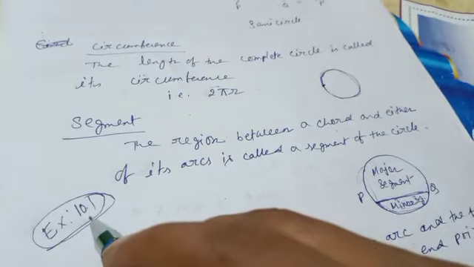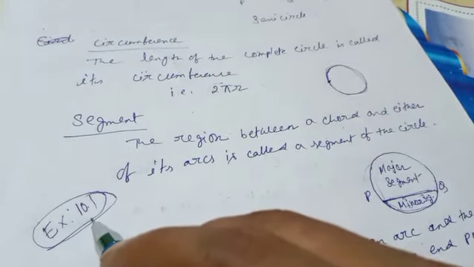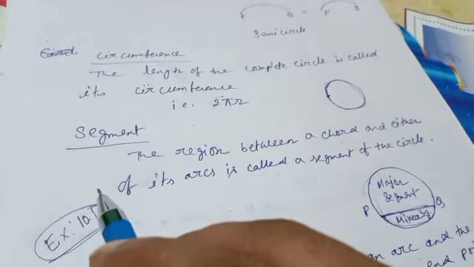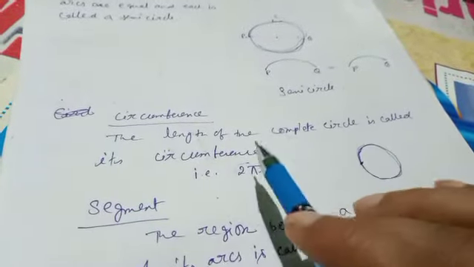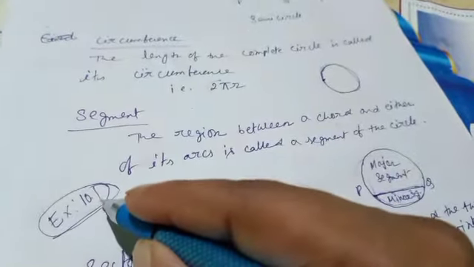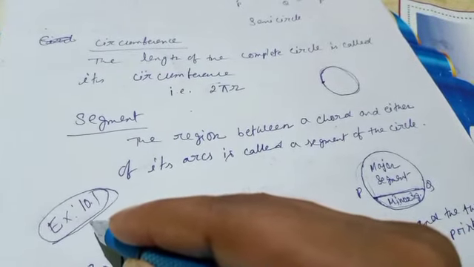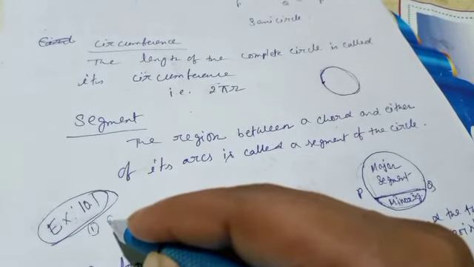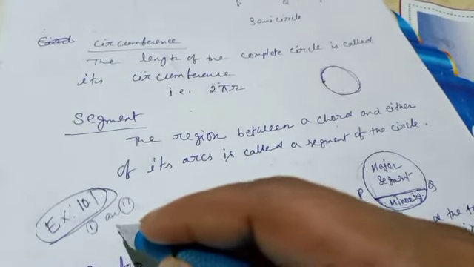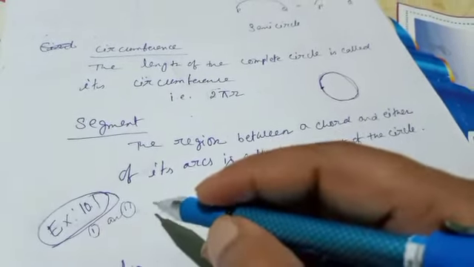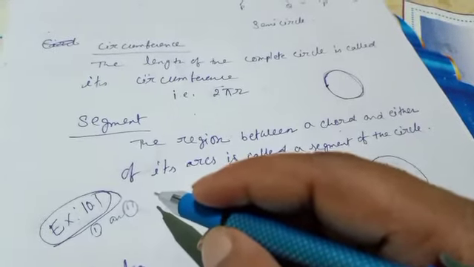All the questions given in exercise 10.1 you can solve if you understand this concept, because all questions depend on this concept only. In exercise 10.1 there are two questions, question number 1 and question number 2. Question number 1 has some sub-questions like 1, 2, 3, and question number 2 also has. So solve all the questions and submit in the evening.